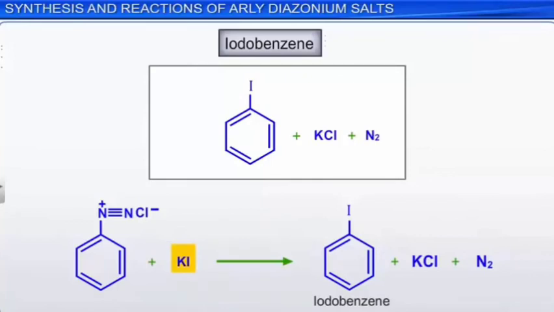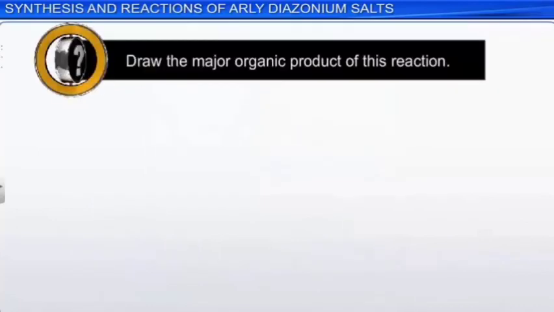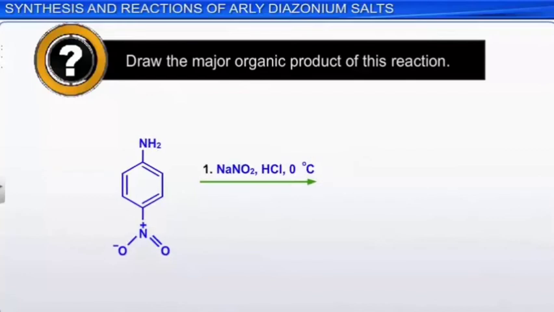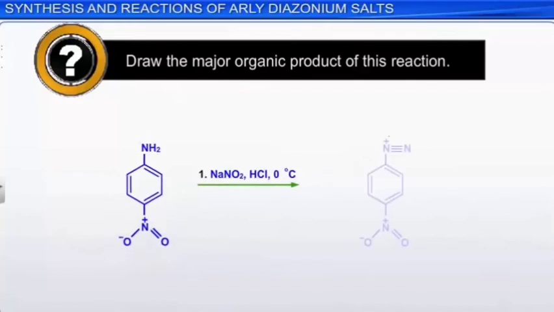Draw the major organic product of this reaction. You should recognize the steps involved. Step 1 produces an aryl diazonium ion. In step 2, treatment with potassium iodide replaces the diazonium ion with iodine.